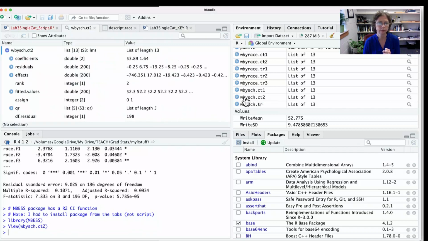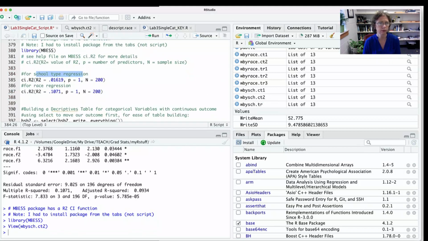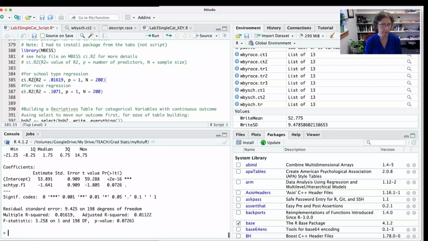So what I want is the summary for write by school. It can be any of them. And then I'll have my R squared, which I put right there. I only have one predictor.